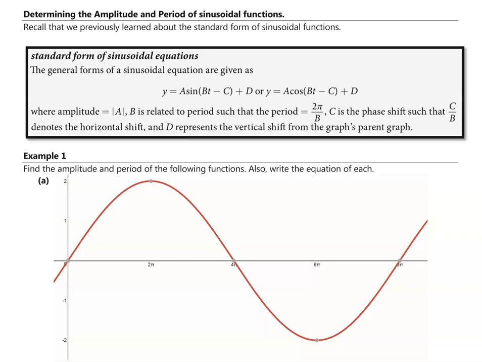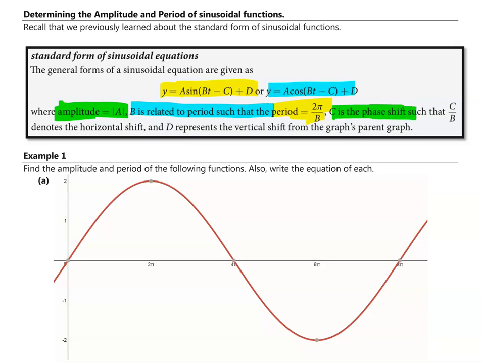And these general forms for sine and cosine, y equals a sine of b(t minus c) plus d, or y equals a times cosine of b(t minus c) plus d, where absolute value of a is the amplitude, b is related to period such that the period is 2 pi over b, and c is the phase shift such that c over b denotes the horizontal shift and d represents the vertical shift.